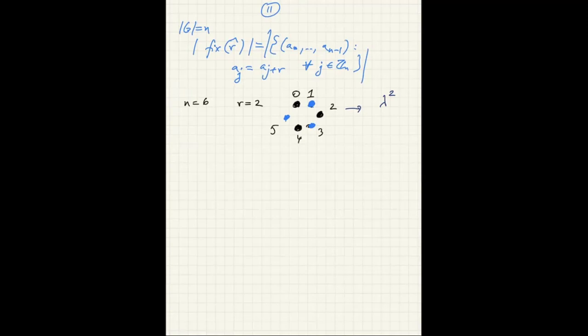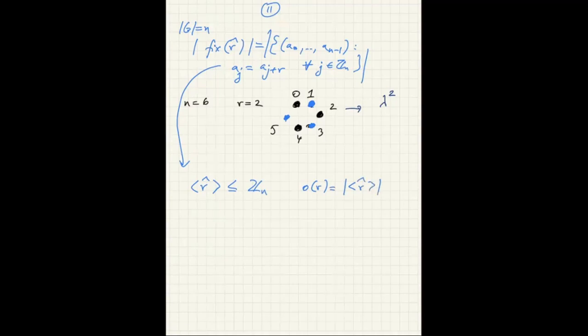So now, what's going to happen in general? Well, in general, for an arbitrary n and r, if we look at D, the subgroup generated by r, so all the multiples of r, this is a subgroup of Zn, and the order of r is the cardinality of this subgroup.